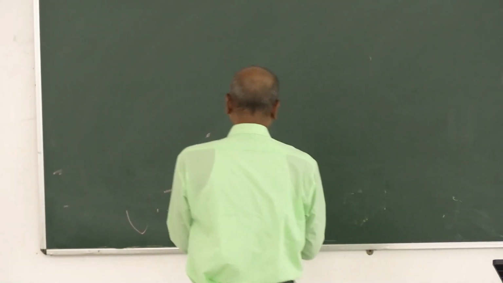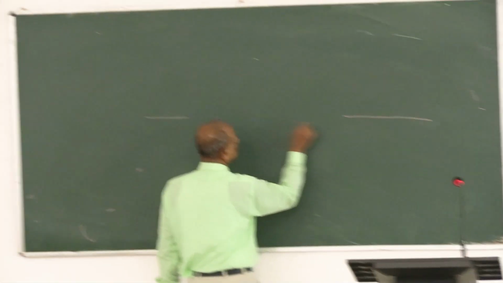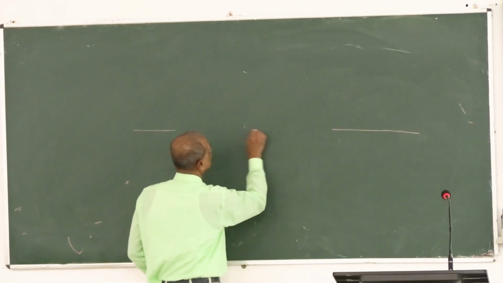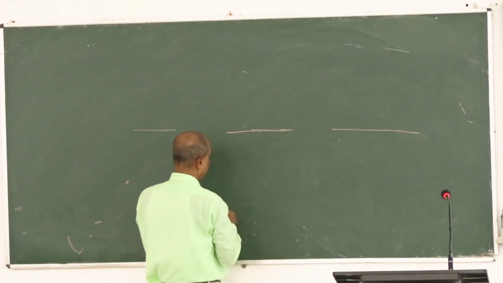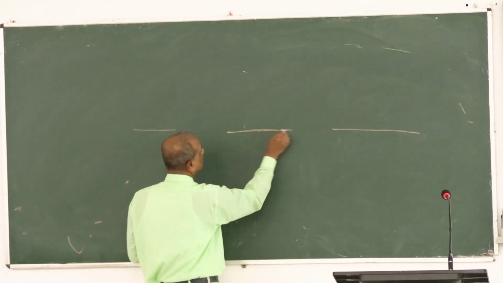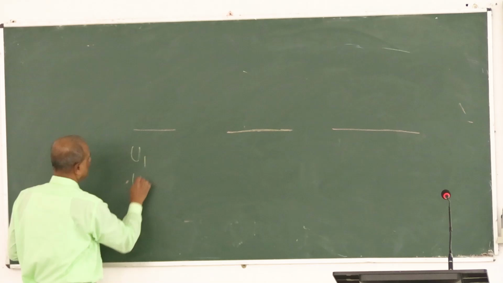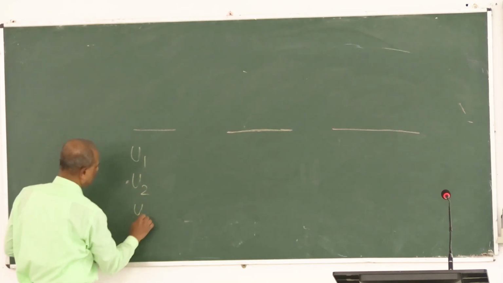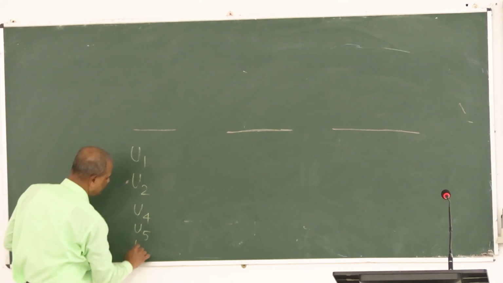In that layered structure, the same sequence will be there. Here U1, U2, U4, U5 and U6 are involved; U3 is not there.